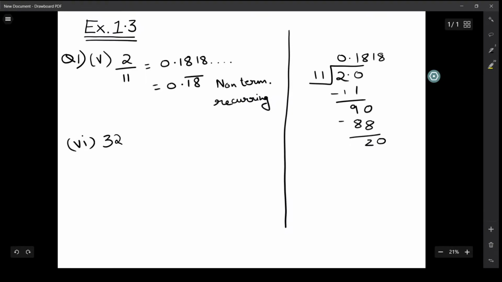The last sixth part is the number 329 by 400. The decimal expansion for 329 by 400, I can maybe just write this as 3.29 divided by 4. It'll mean the same thing.